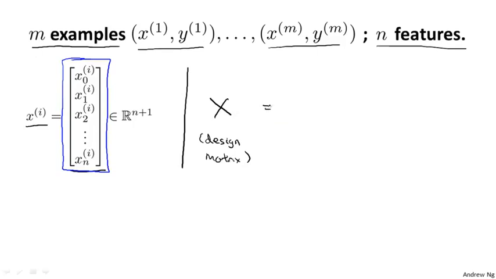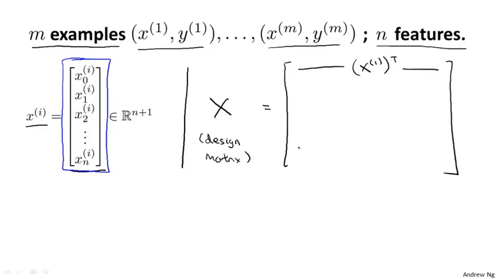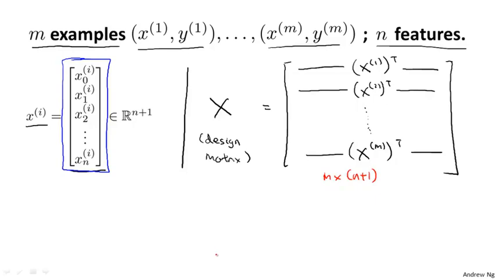I'm going to take the first training example, take its transpose, so it ends up being this long flat thing, and make x1 transpose the first row of my design matrix X. Then I take my second training example, x2, take the transpose of that, and put that as the second row of X, and so on, down until my last training example, whose transpose is my last row of the matrix X. This makes my matrix X an m by n plus 1 dimensional matrix.